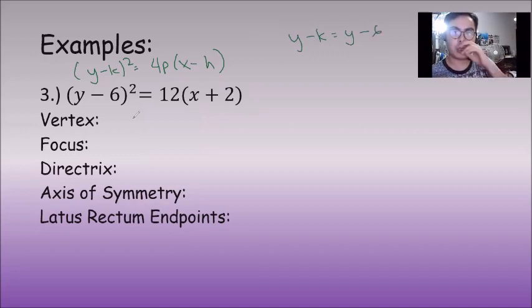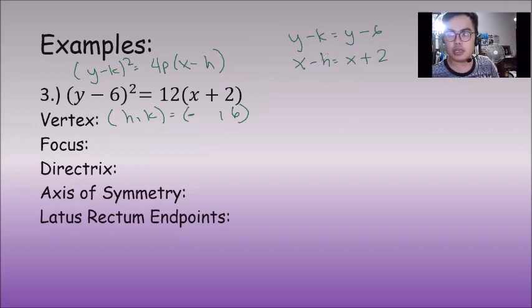Since our vertex is (h, k), we can say that our k is 6 because the two are identical. However, since the signs are opposite, our h is negative 2. A while ago, our k was positive 6 because of the same sign and the same y. So we can say that our k is 6.